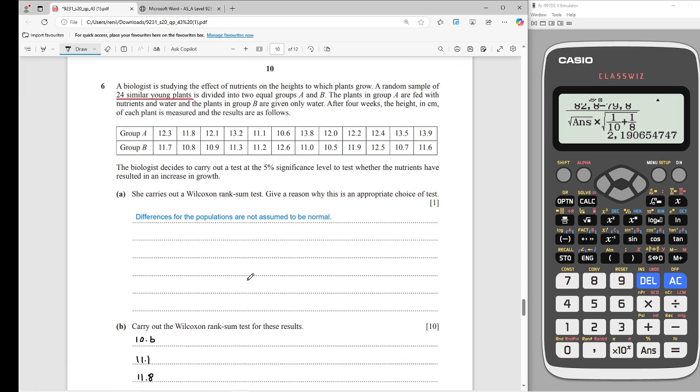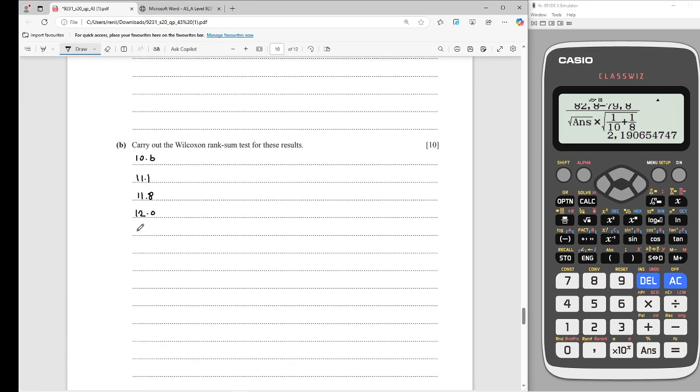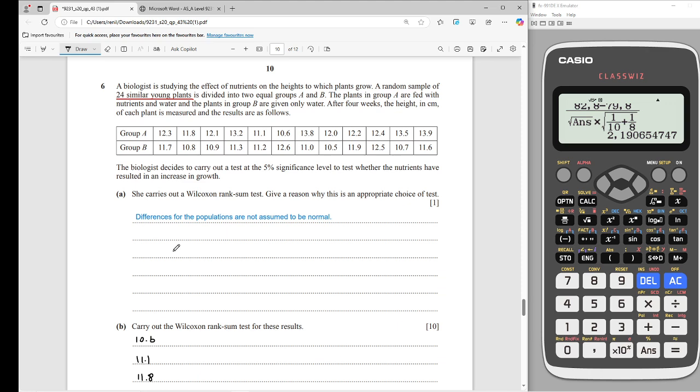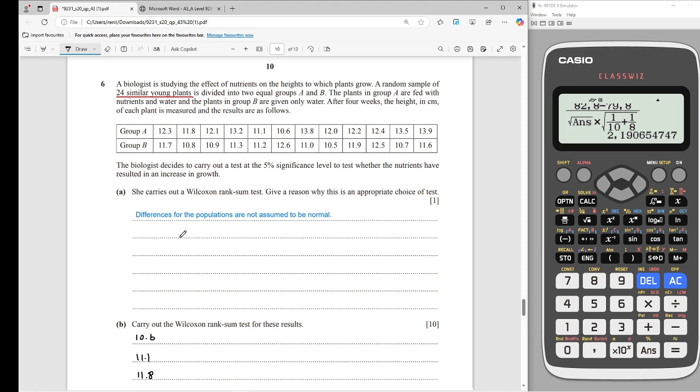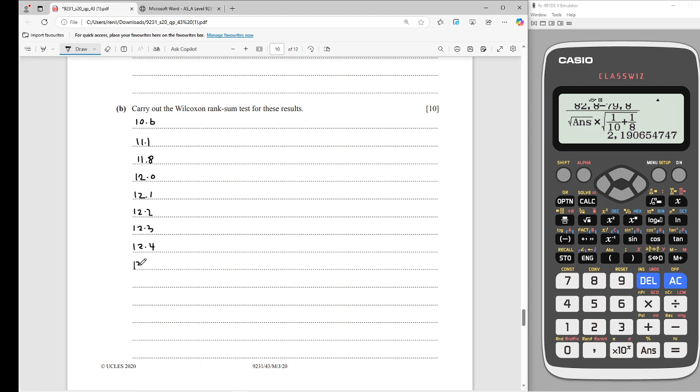Next we have 12.1, 12.2, 12.3, 12.4, and then we have 13.2, 13.5, 13.8, 13.9.